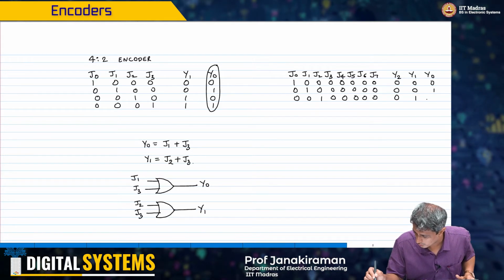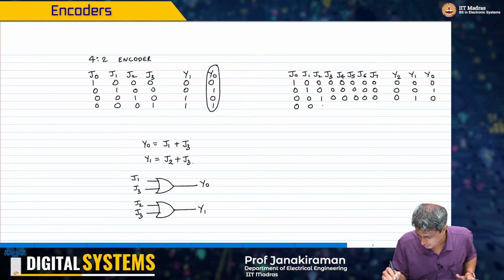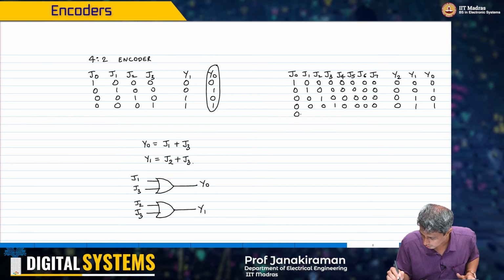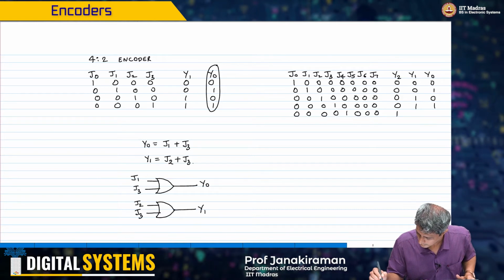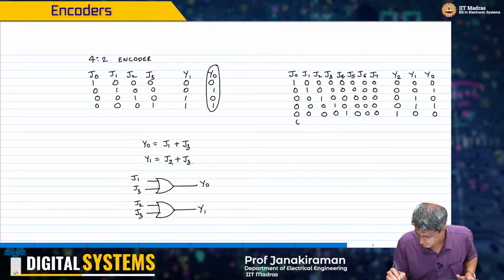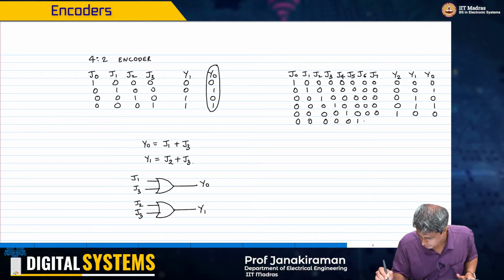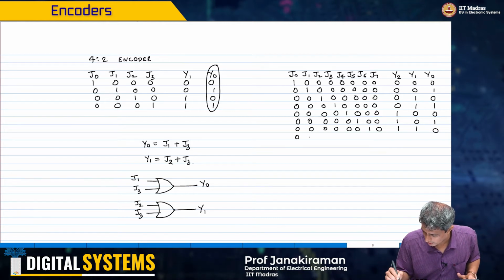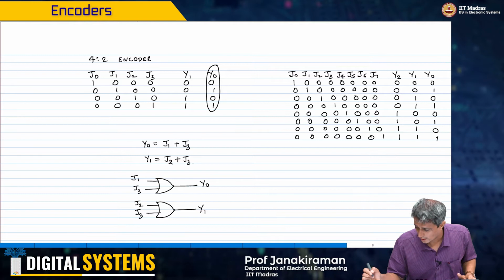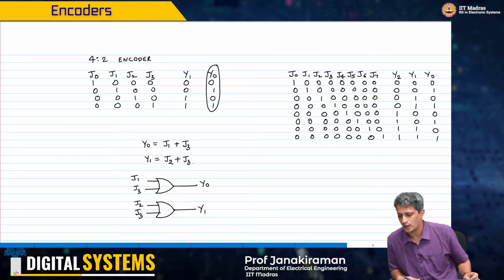We are talking of 0 1 0, then we are talking of 1 0 0, 1 0 1, 1 1 0, and finally 1 1 1, right?